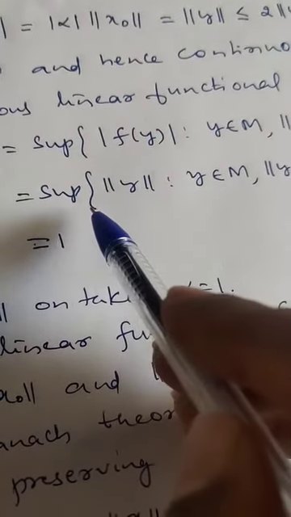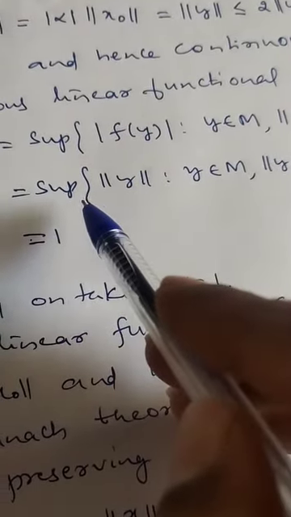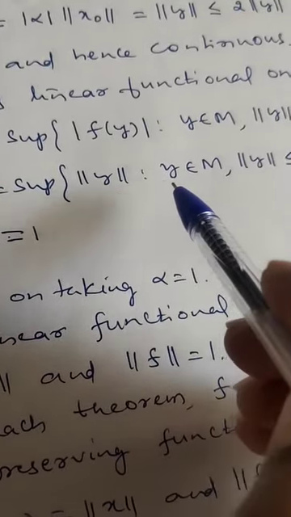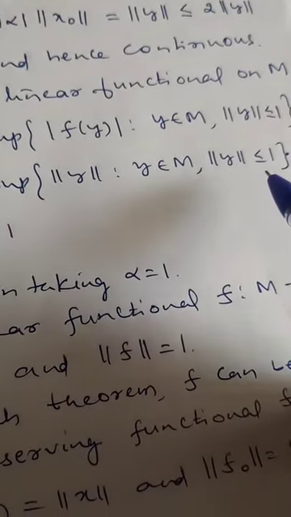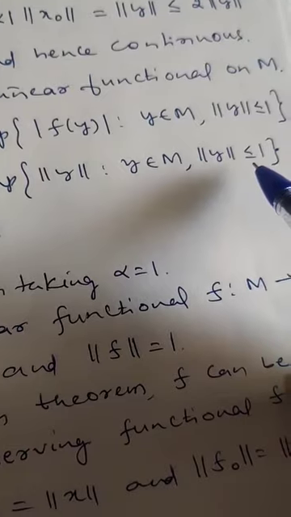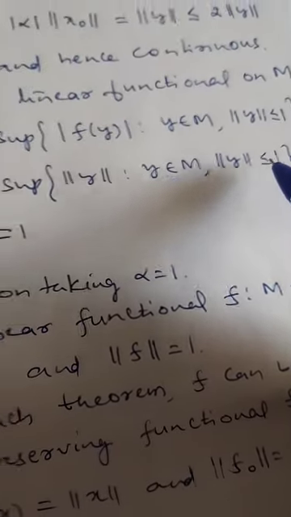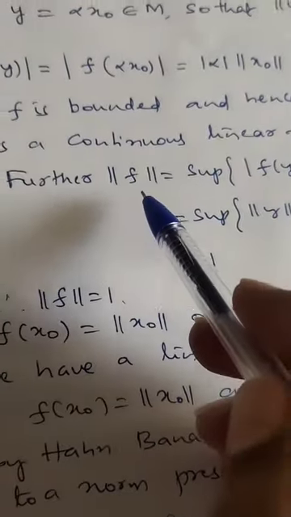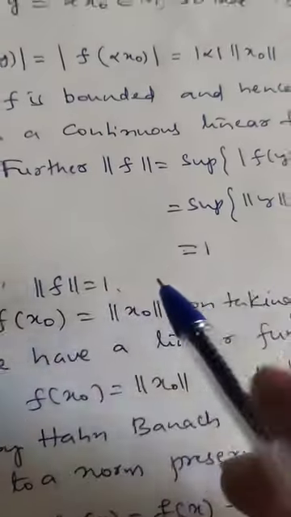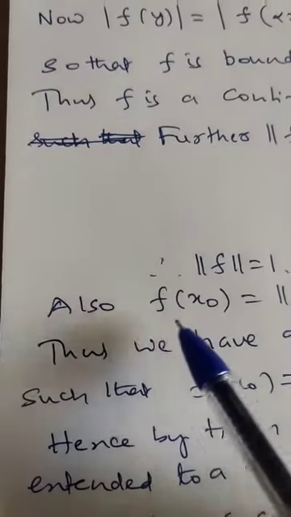So it is the supremum of norm of y, where y belongs to M, norm of y is less than or equal to 1. What is the maximum value here? It is 1. Therefore norm of f is 1.